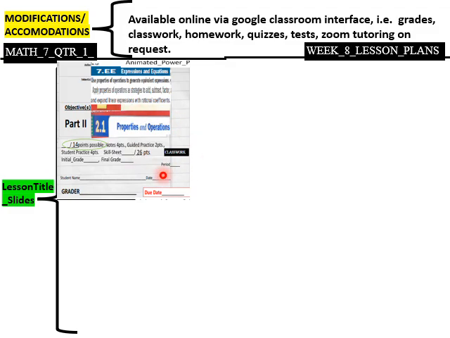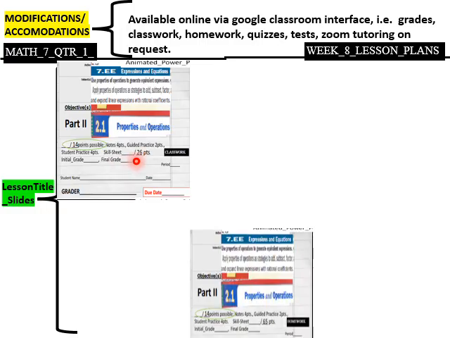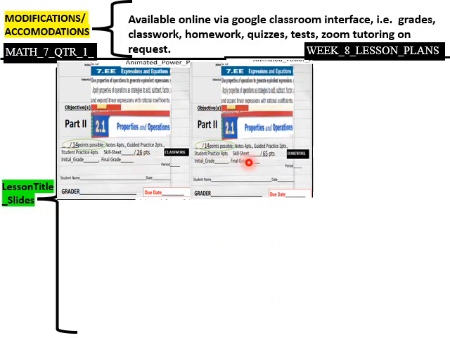We got 26 points here of classwork for 2.1 Part 2, and then 14 points of note-taking. And then we got 2.1 Part 2 homework here.